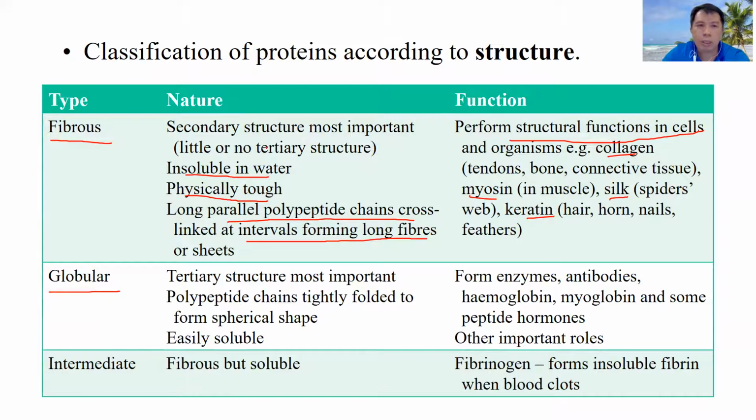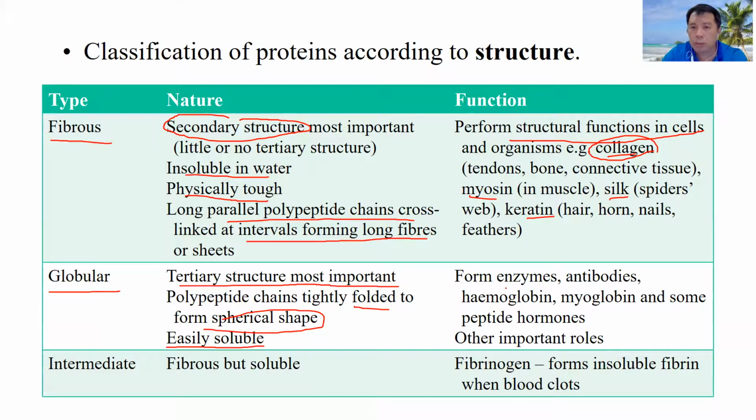From here, the secondary structure plays the most important role in the formation of fibrous proteins. However, this type of protein can reach the quaternary structure. For globular proteins, the tertiary structure plays the most important role. These proteins can be easily folded to form a spherical, three-dimensional shape, and are easily soluble in water.